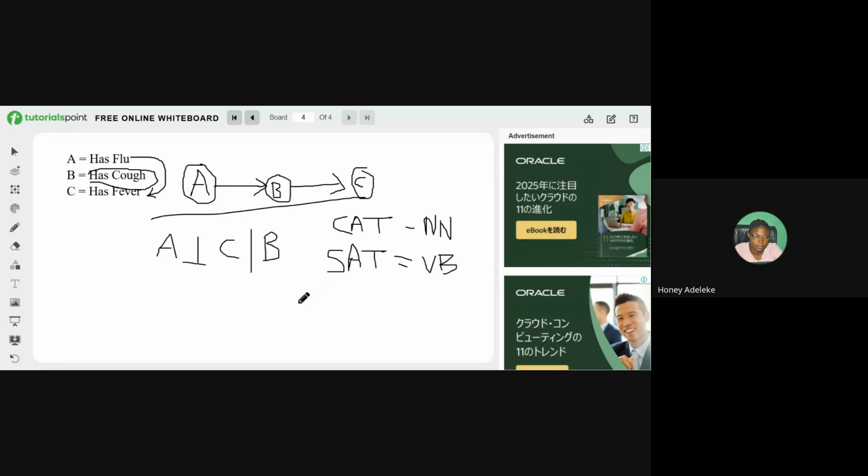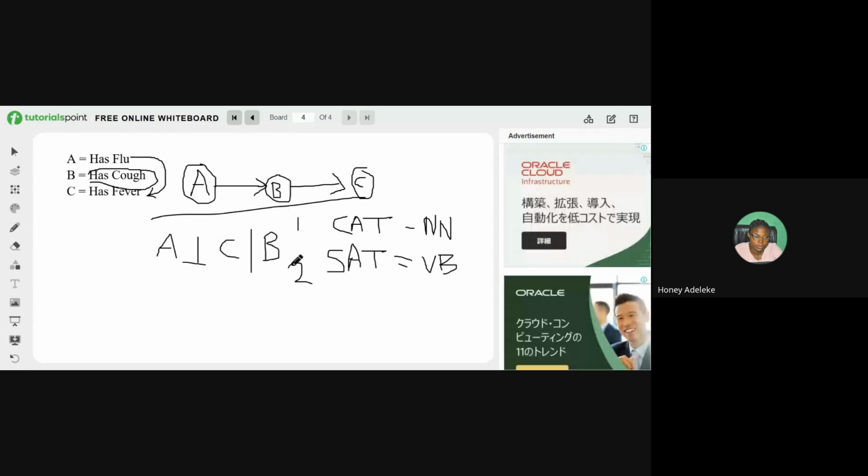Okay, so this is word 2 and tag 2. This is word 1 and tag 1.